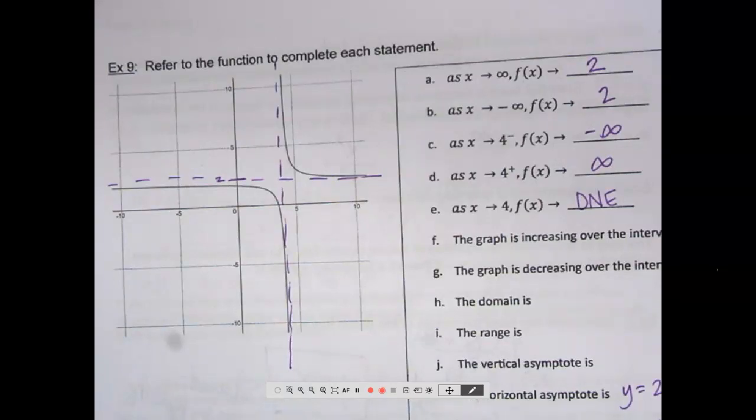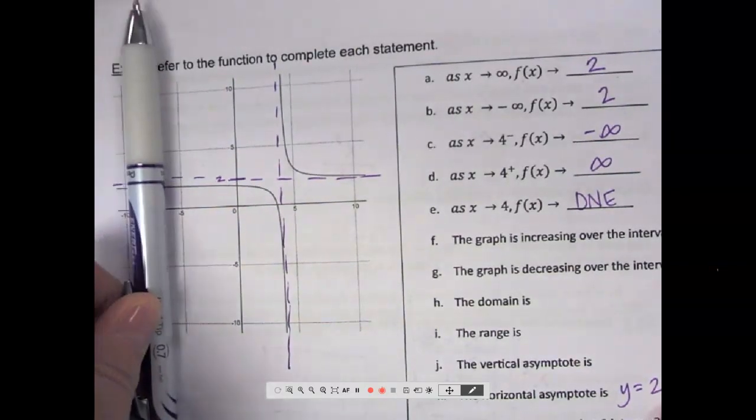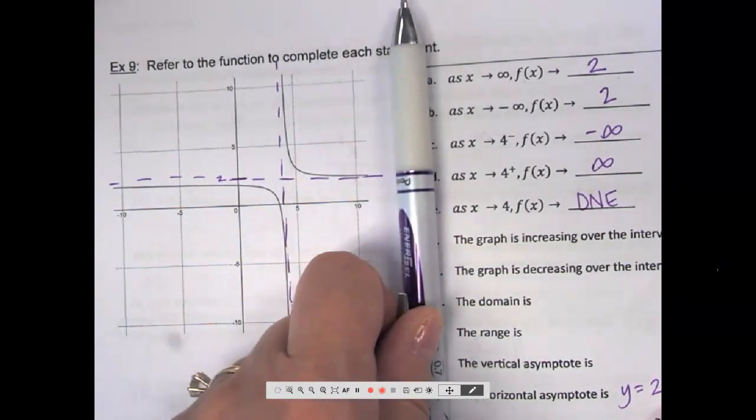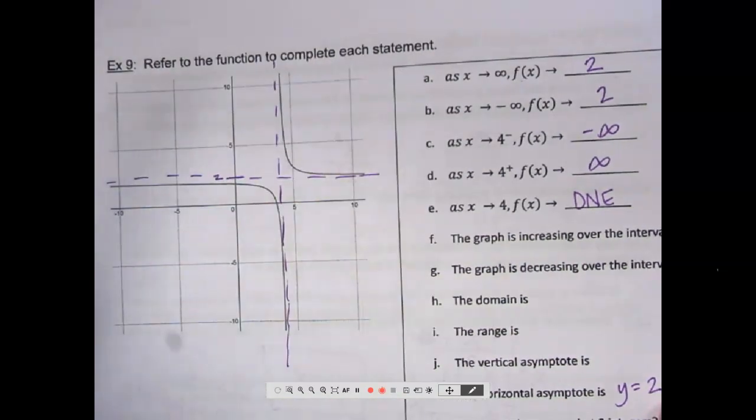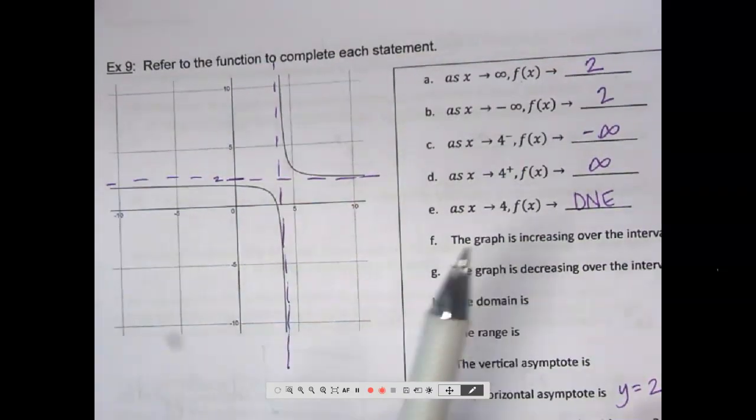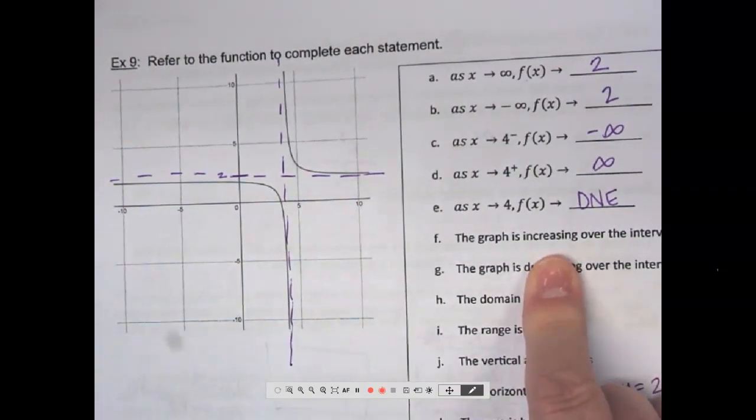Okay, the graph is increasing over the interval or intervals. Okay, so you probably haven't done this since Algebra 2. Imagine that we have a line, and we're going to move it across the graph from left to right, always from left to right. If you are walking, driving, running on this curve from left to right, where are you going uphill? Never.